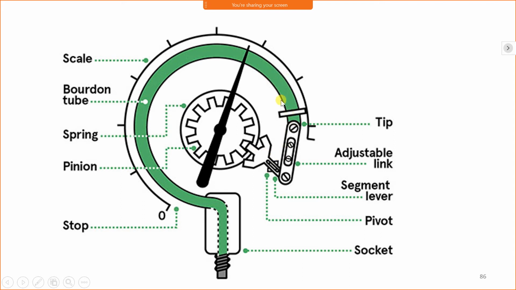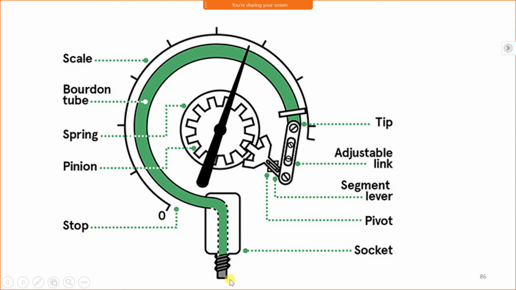As it takes a circular shape, it pushes the adjustable link, and through the adjustable link the sector gear rotates. It rotates the pinion, and as the pointer is mounted on the pinion, it shows the reading.